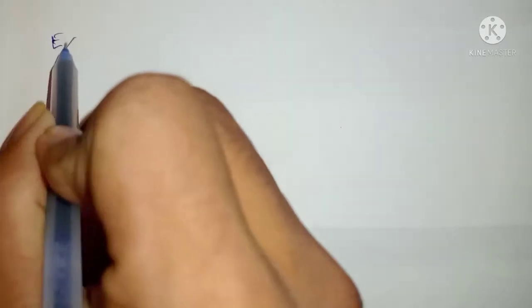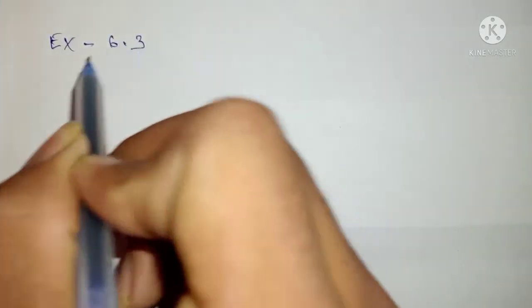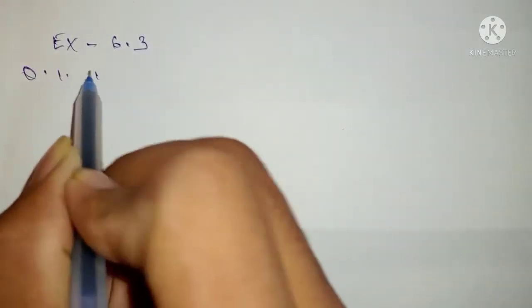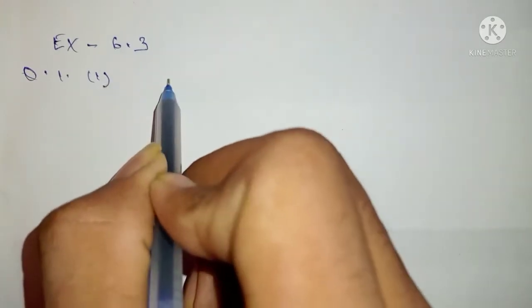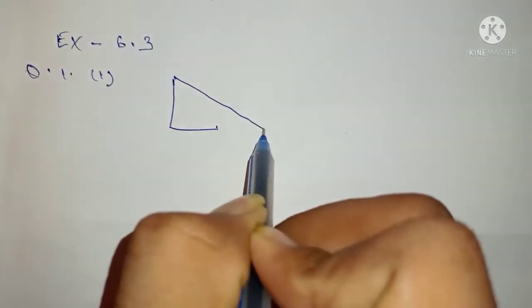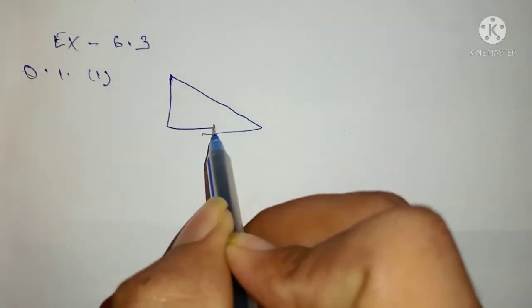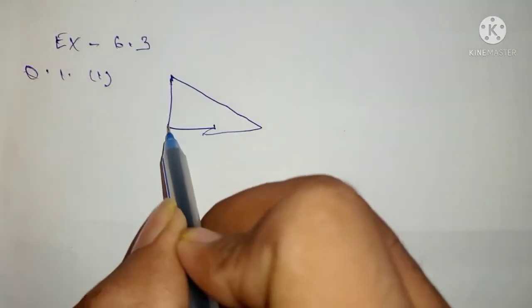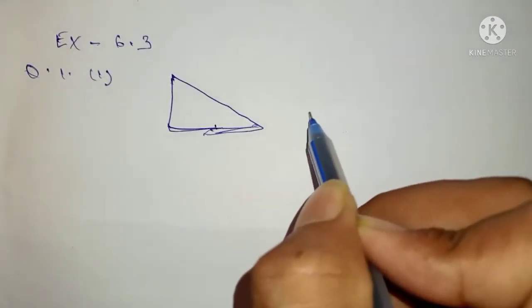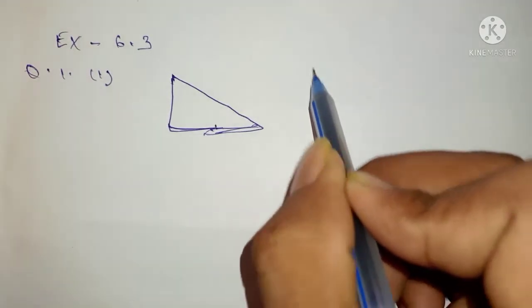Taking the first question of exercise 6.3, question number 1, the first part: two triangles are given, and one is given like this.